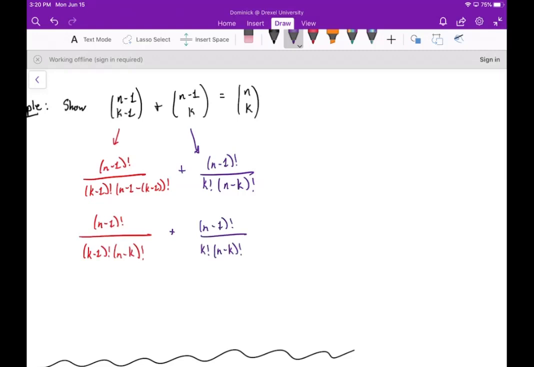Okay, so now in order to add these, all that I need to do is multiply the top and bottom of this one by k. Right? So now I can write this all over k factorial times an (n minus k) factorial, which is what we want in the bottom. And then we have a k times (n minus 1) factorial plus an (n minus 1) factorial.